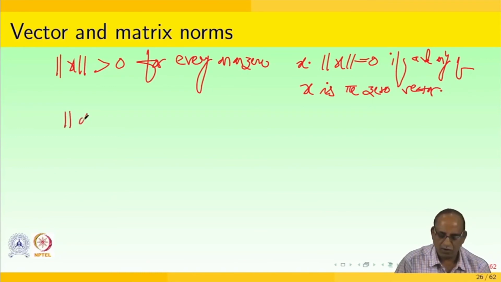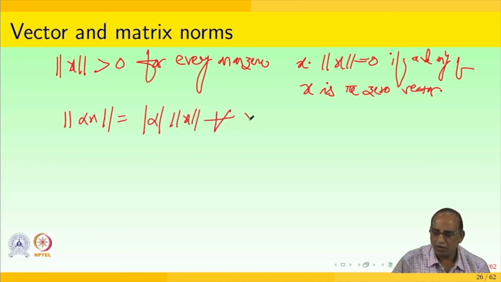Next, the norm of alpha x is equal to mod of alpha times norm of x for all x belonging to R^n, alpha a scalar.